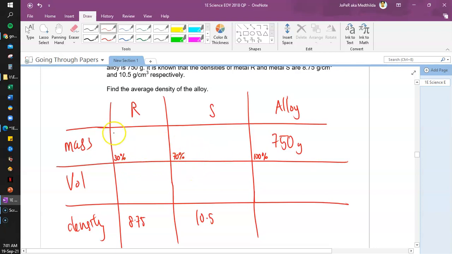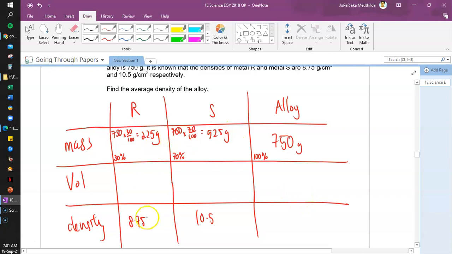So this one is 750 multiplied by 30 over 100 to find 30%, and what you're going to get is 225 grams. Same thing for S, you take 750 multiplied by 70 over 100, so you're going to get 525 grams.